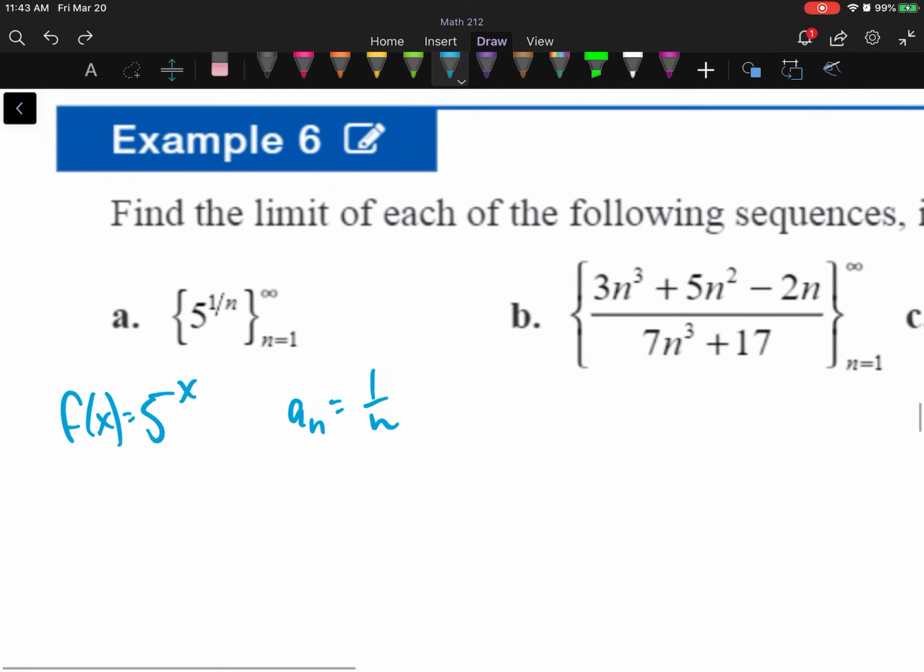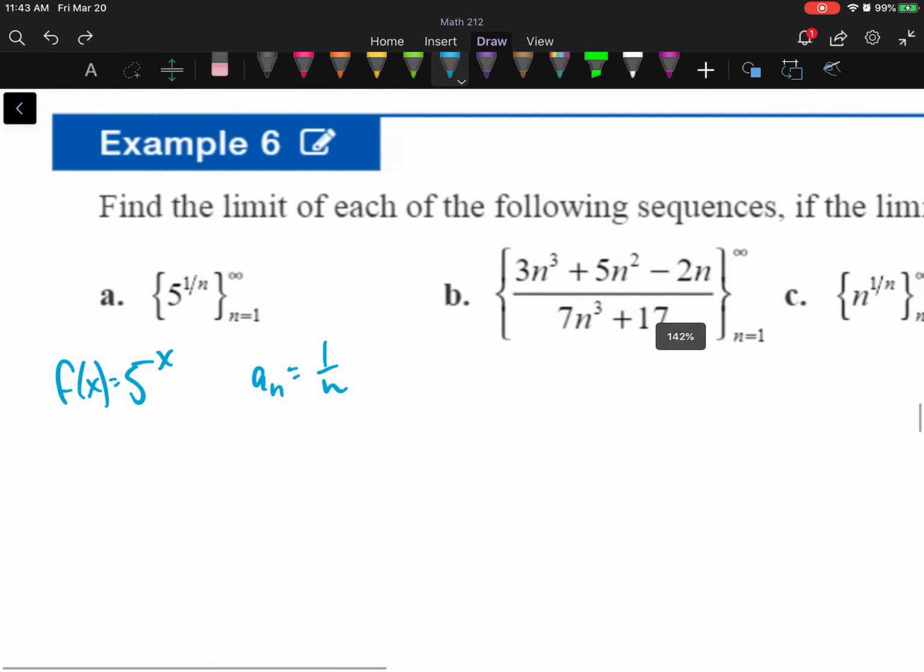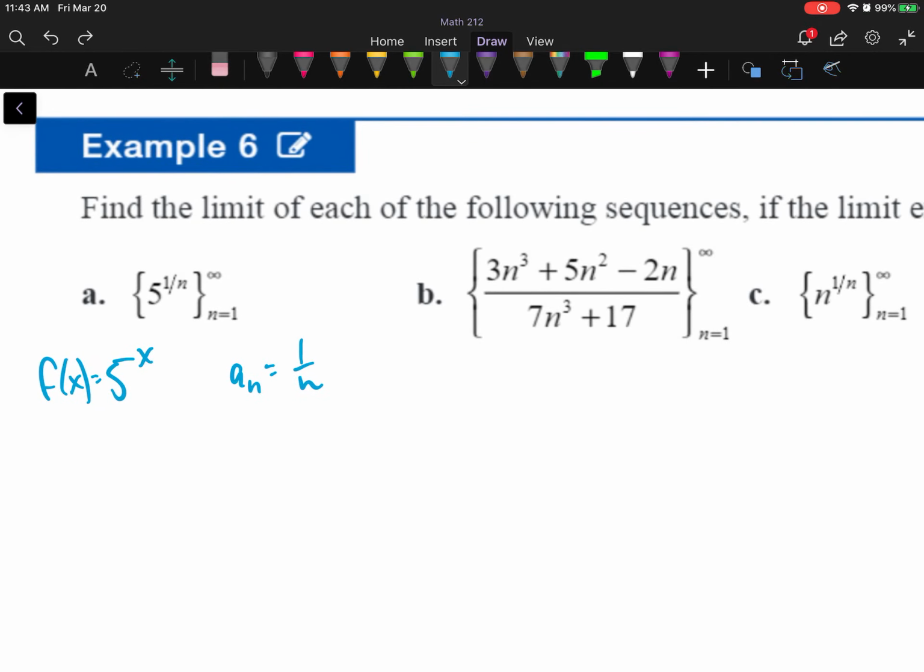And we're able to find the limit of these just thinking through the implications here. What's nice though is that since this is a continuous function for basically x equals 0, this is going to work out.